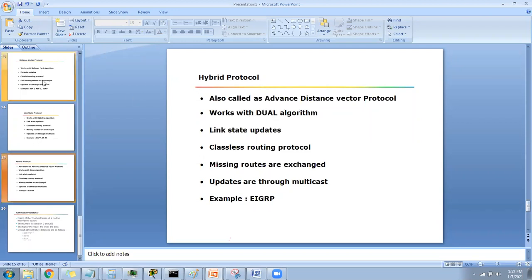First the Bellman-Ford algorithm, then the Dijkstra algorithm, and now this one is the DUAL algorithm. Link state updates, classless routing table, missing routes are exchanged, updates through multicasting. So whatever the problems were in distance vector protocol, it solved all of this. Only one protocol is the example, called EIGRP.